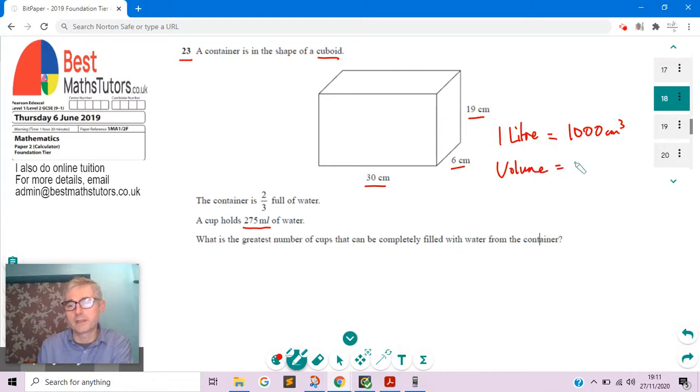is given by the length, so that's the 30, times by the width, W, which is 6, times by the height, which is 19 there. So it's 30 times 6 times 19.